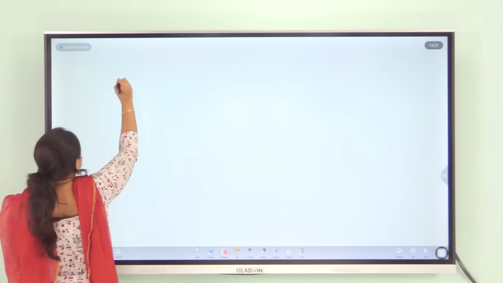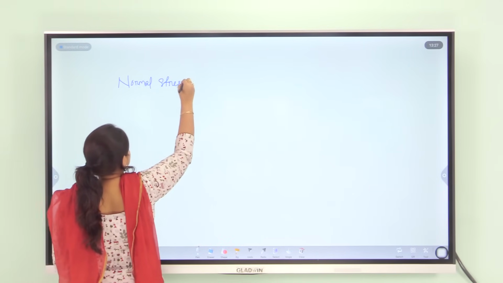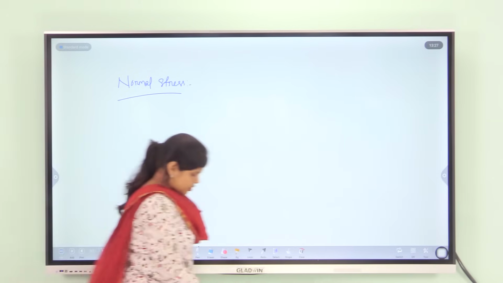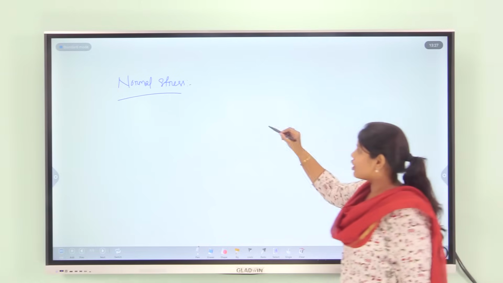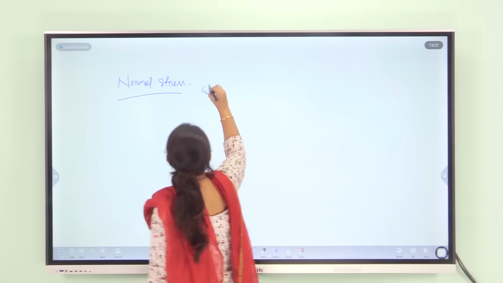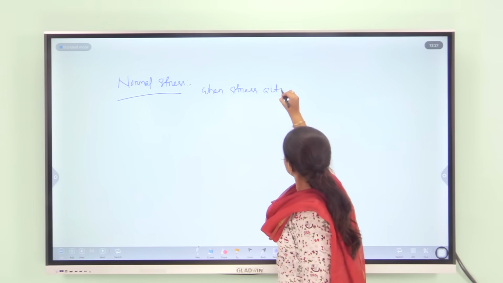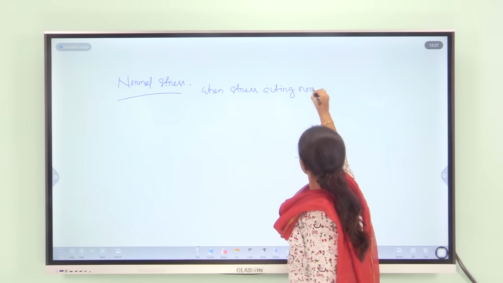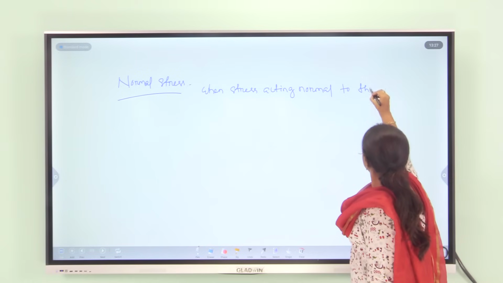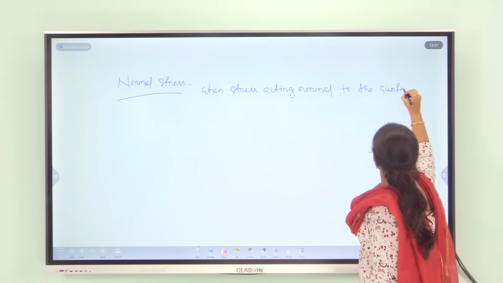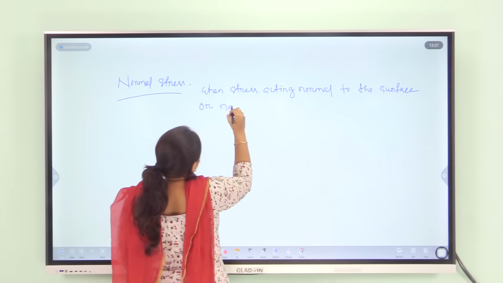What is normal stress? Normal stress is when stress acts normal to the surface, or normal to the plane.